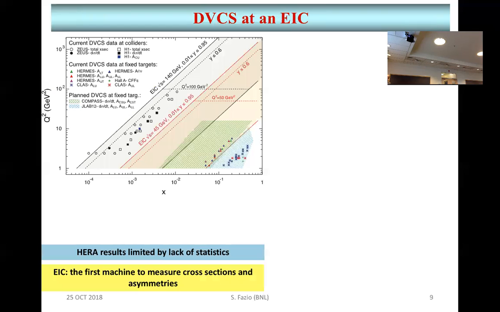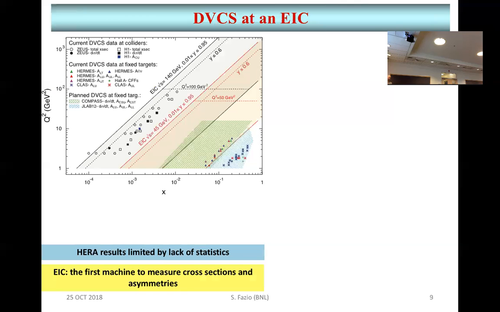Maybe this plot should be updated a little bit, but here you can see that the EIC, once you reach the full span of energy, really connects the region where you will have data from JLab 12 down to where HERA got the vector meson and the DVCS data.